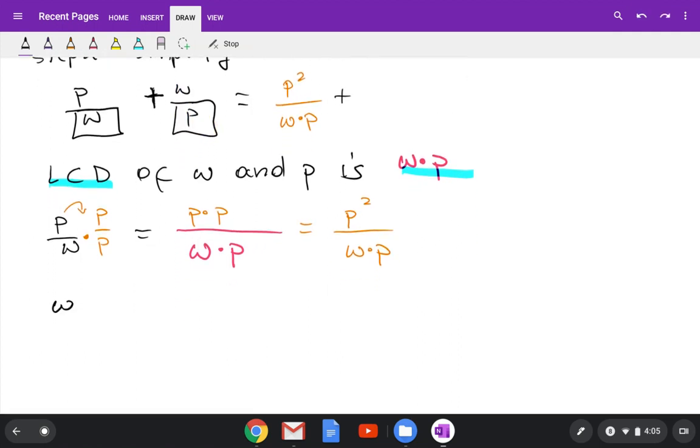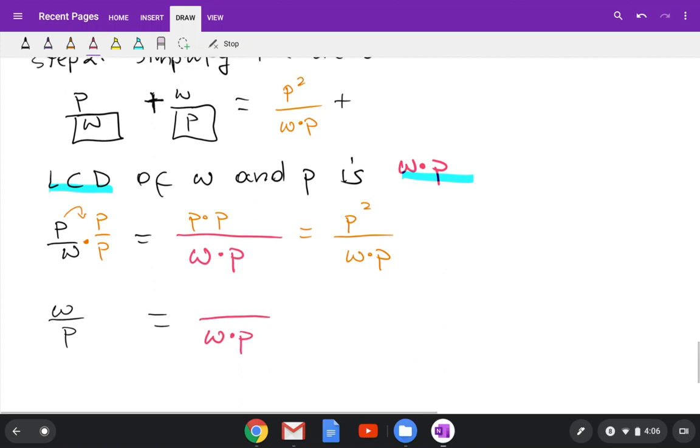So you take that W over P and you build an equivalent fraction, which will have W times P as a denominator, because that's our LCD.